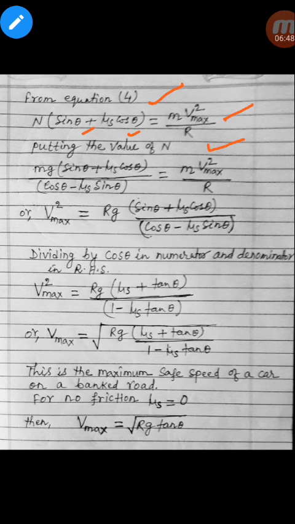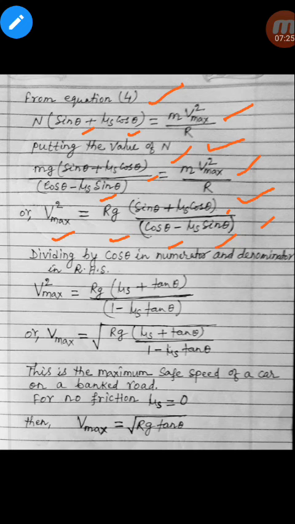Putting the value of N, it becomes mg into sin theta plus mu s cos theta by cos theta minus mu s sin theta equal to m v max square by r. After calculation we get v max square equal to rg into sin theta plus mu s cos theta by cos theta minus mu s sin theta.